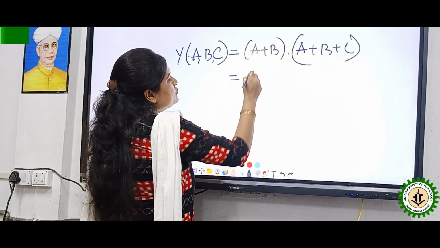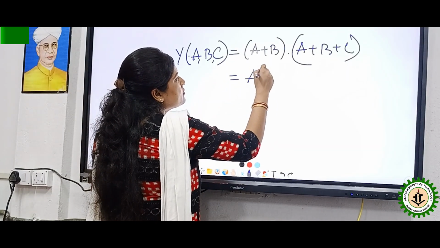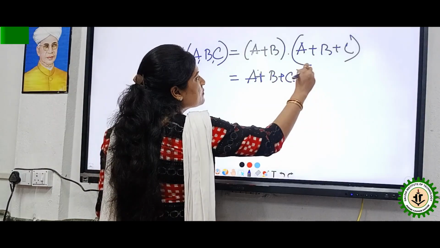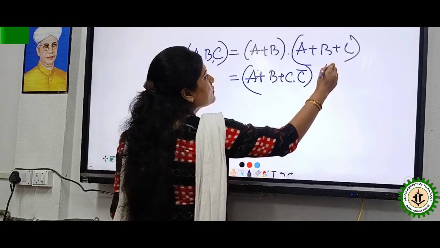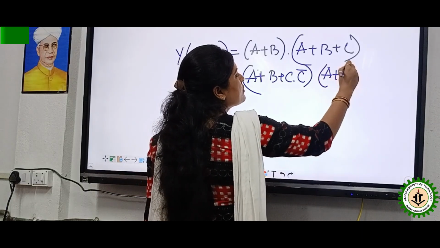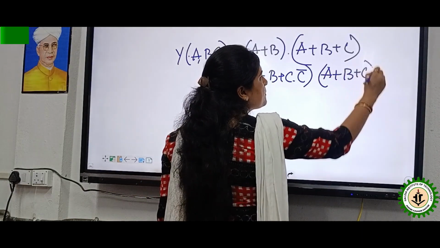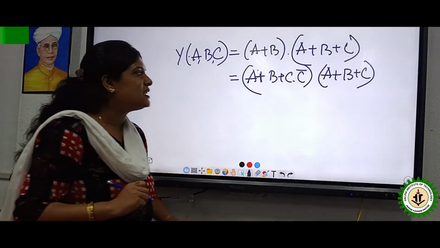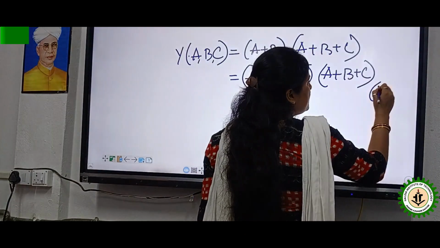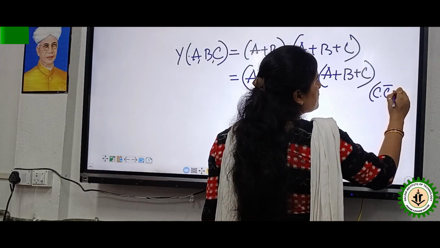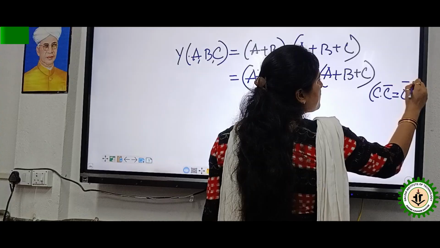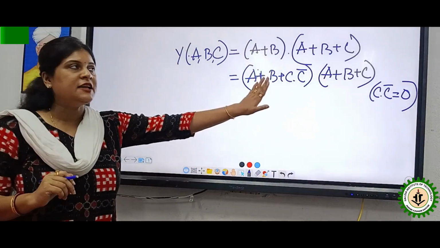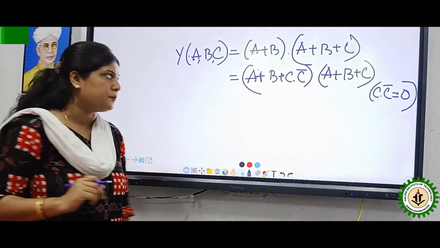So we have to add C dot C bar. Why are we adding C dot C bar? As C dot C bar means 0, adding 0 doesn't make any difference to that particular term.